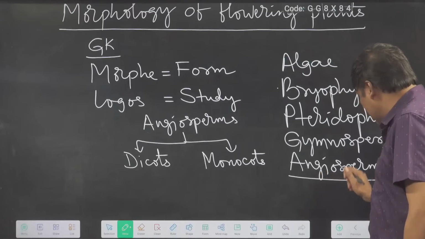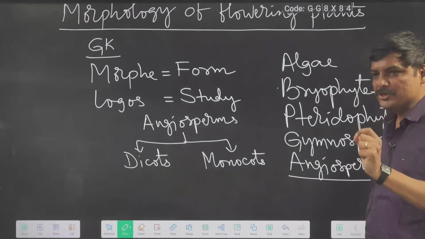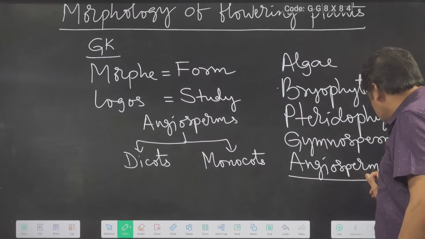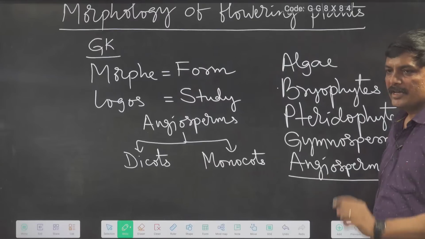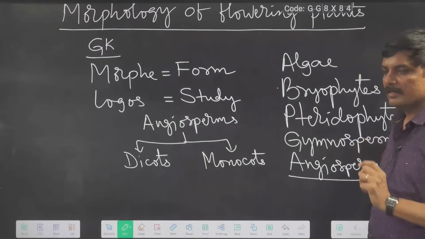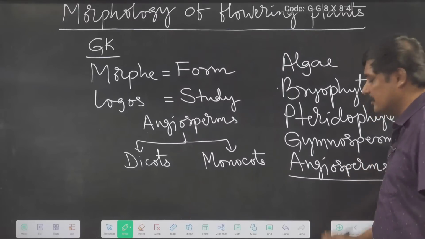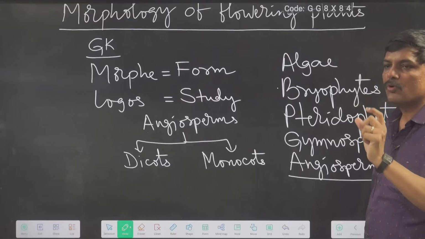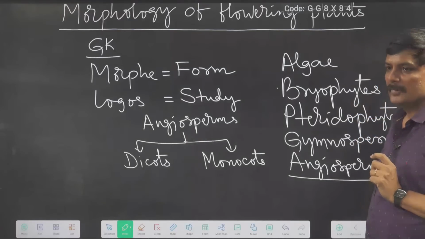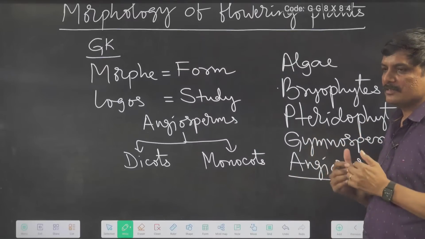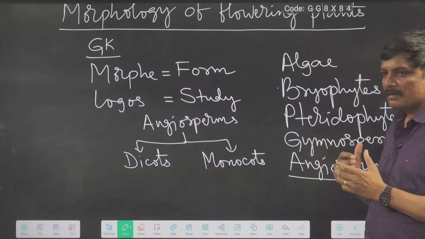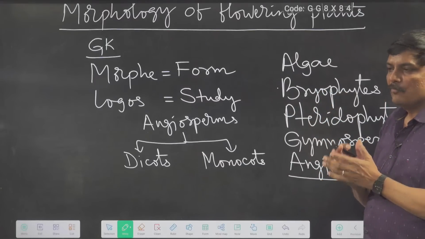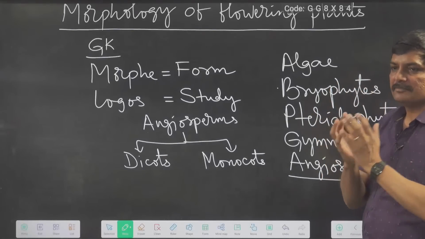What is the meaning of angiosperm? Angio means covering. Sperma means seed. Seeds are covered by fruit wall. Or otherwise we can say like this: seeds are present inside the fruit. Fruit encloses the seeds.